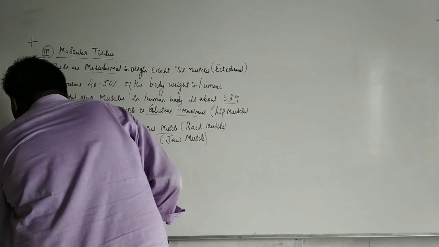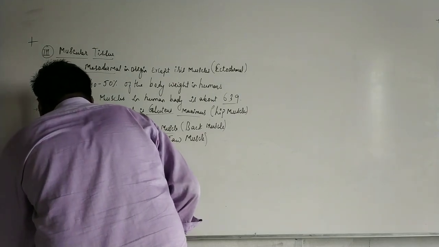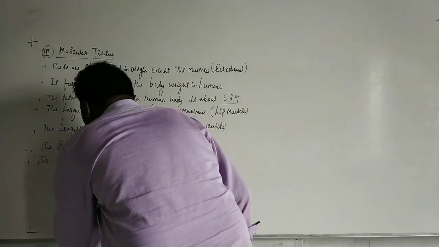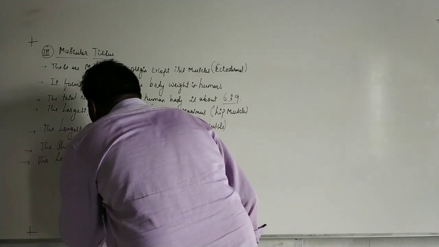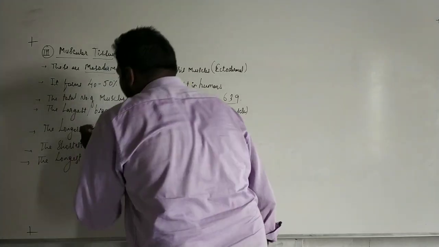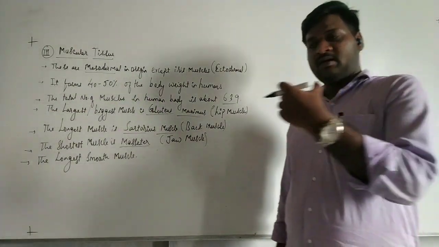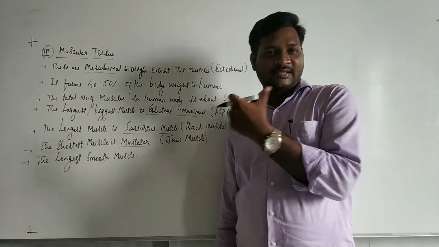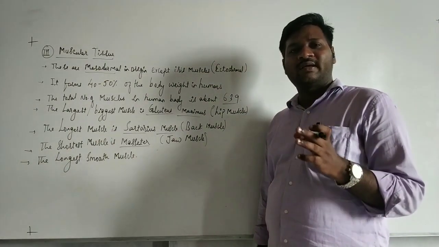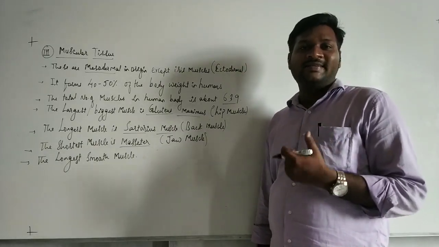The next, the longest smooth muscle. See, here we have discussed the longest muscle, but here the longest smooth muscle. What is smooth, we will discuss when we classify the muscular tissue. Muscular tissues are broadly classified into three categories, that is the cardiac muscle, skeletal muscle, and the smooth muscles.